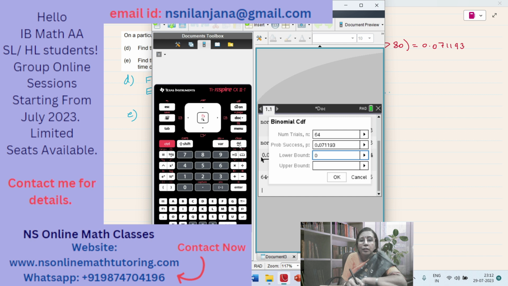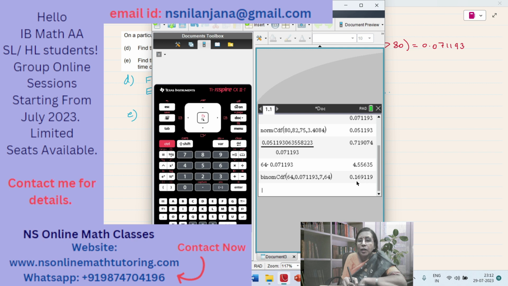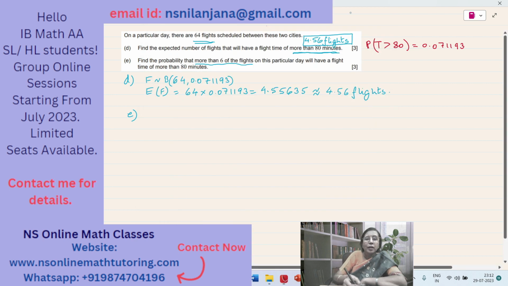Lower bound 7, upper bound 64. Okay, 0.169119.